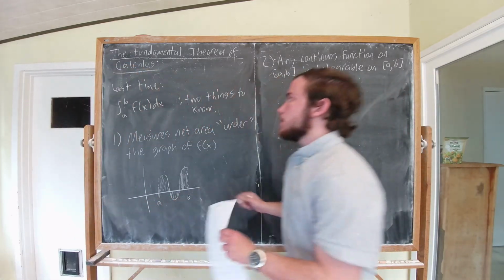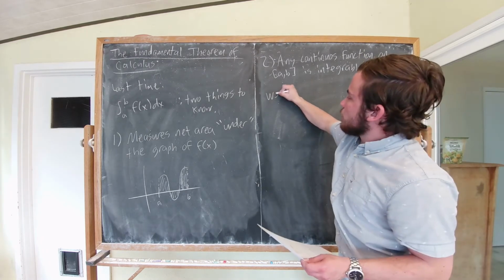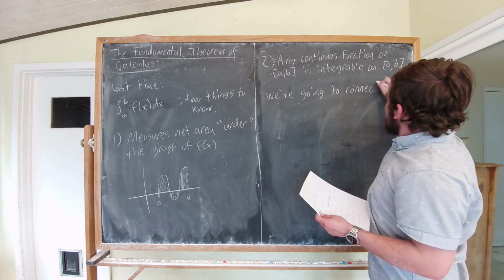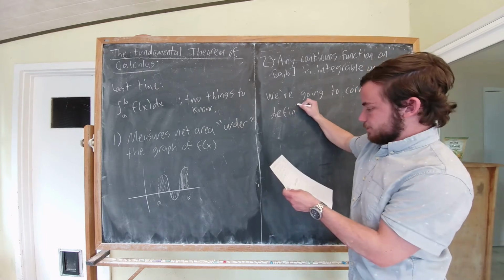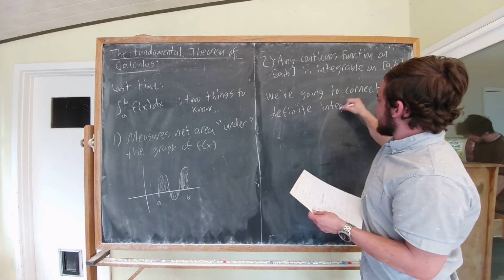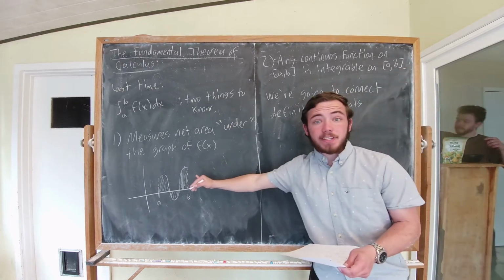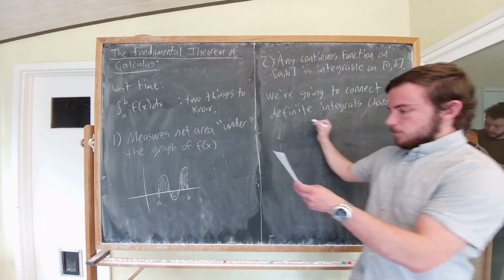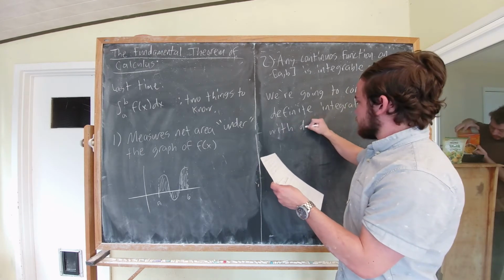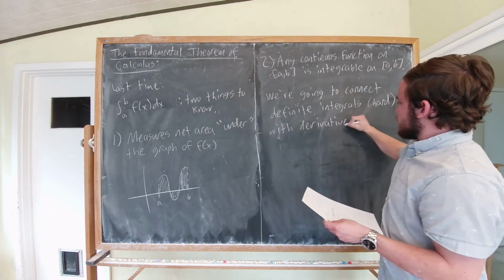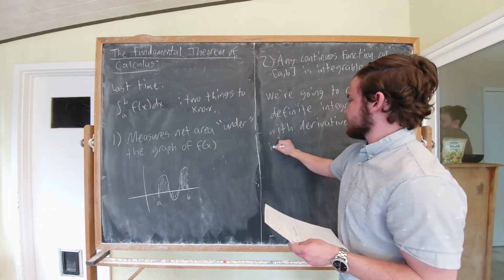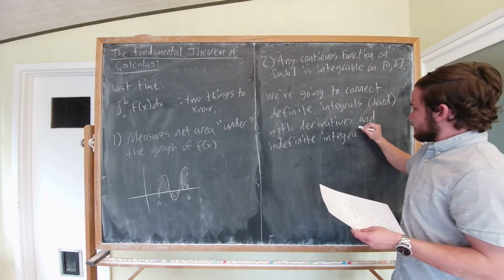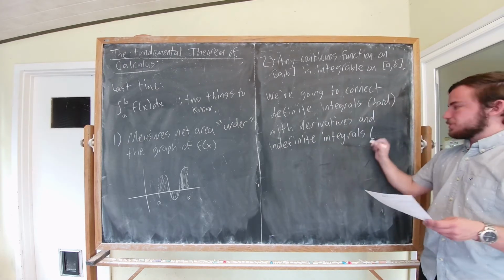Alright, so now what we're going to do is we're going to connect definite integrals, which measure this thing that we want, but they're hard, with derivatives and indefinite integrals, which are easy in comparison.